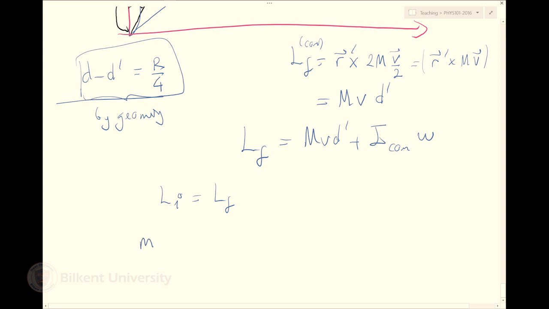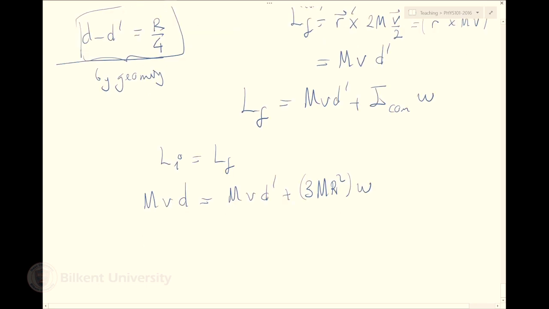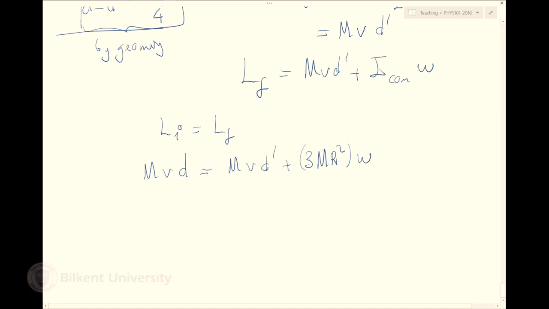Initial angular momentum was mvd. Final angular momentum is mvd prime plus I center of mass, which we have calculated as 3 m r square, times omega. M's I can cancel now. V times d minus d prime is 3 r square omega.